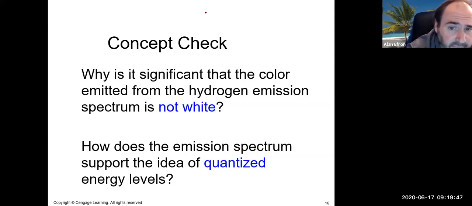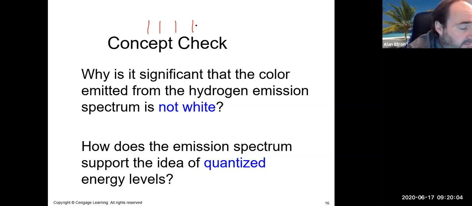Now, when we look at something like hydrogen, we see distinct colors. When you look at the hydrogen spectrum, you will see these distinct colors occurring at distinct wavelengths in a line structure.